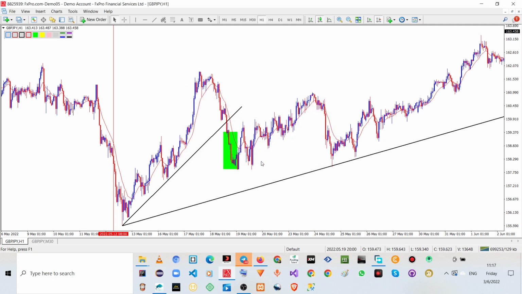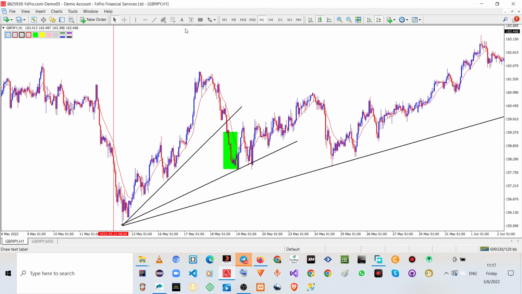So that will be the first trade using the trend line on our 1 hour time frame. Then using the same point right here, you can see that we got the first touch, second touch, and third touch.